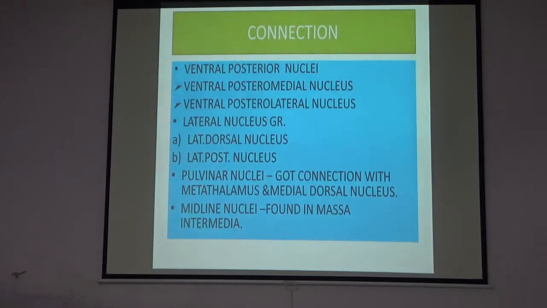The afferent to the ventral posteromedial nucleus is the crossed fibers from the spinal and superior sensory trigeminal nuclei ascending in association with the medial lemniscus, and also the uncrossed dorsal trigeminal tract, while the efferent is to the post-central gyrus.